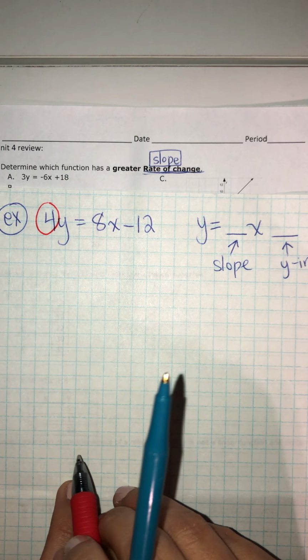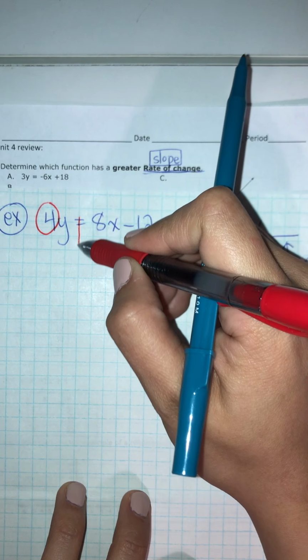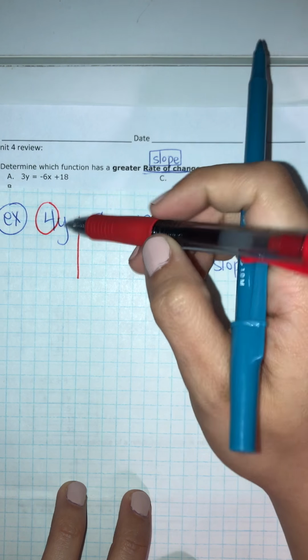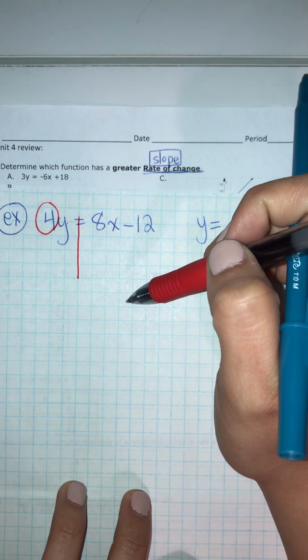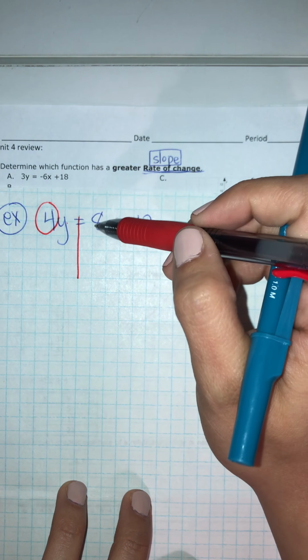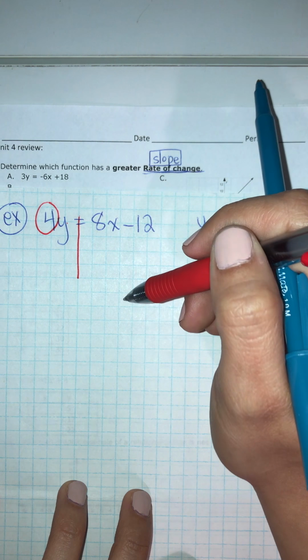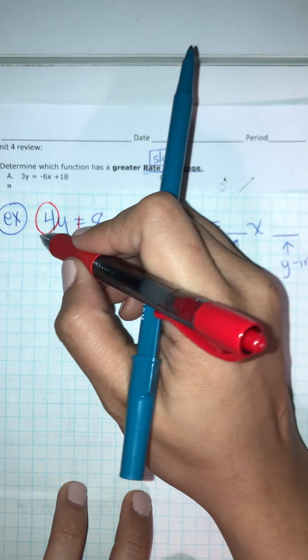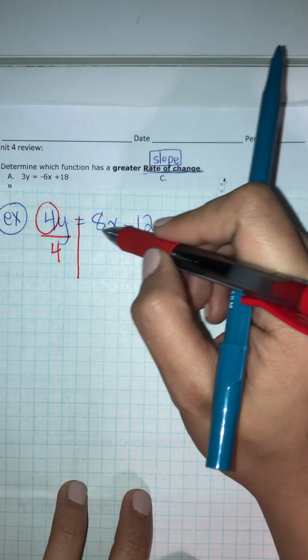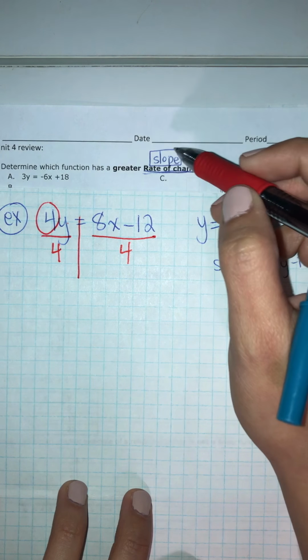Now, think of this as an equation. Right now, y is being multiplied by 4. To get rid of it, we do the opposite. Opposite of multiplying by 4 is dividing by 4. So what we do to one side, we need to do to the other side.